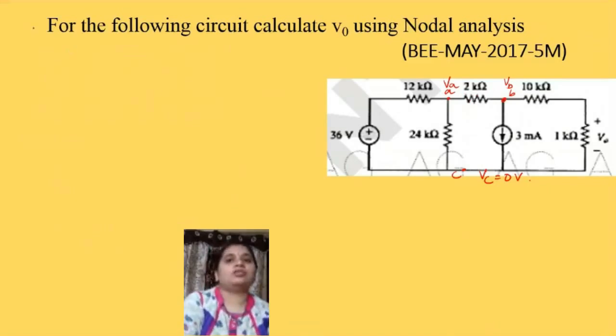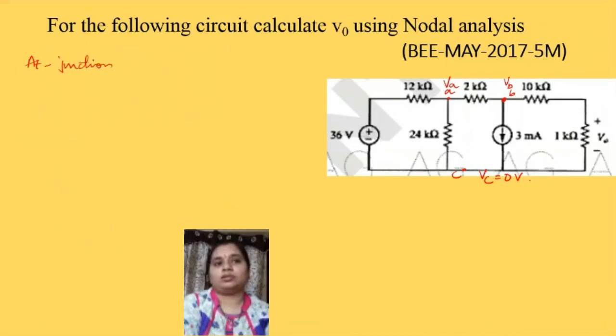I am redrawing the circuit at junction A. This is the circuit. For junction A, what are the resistors connected?